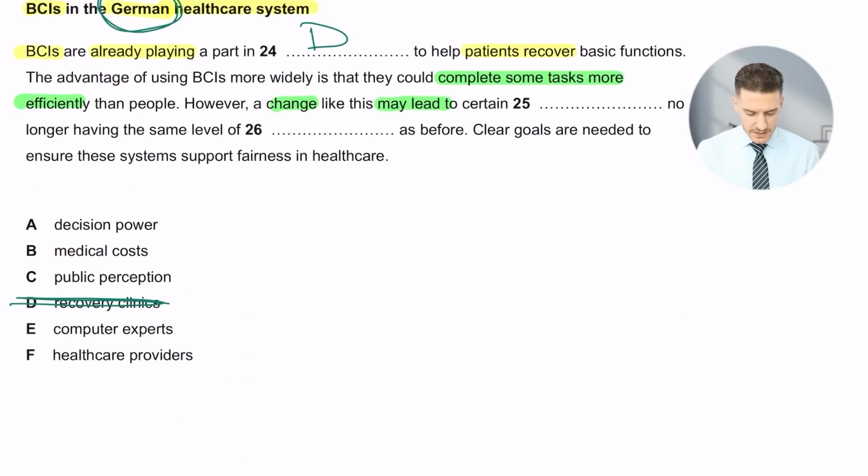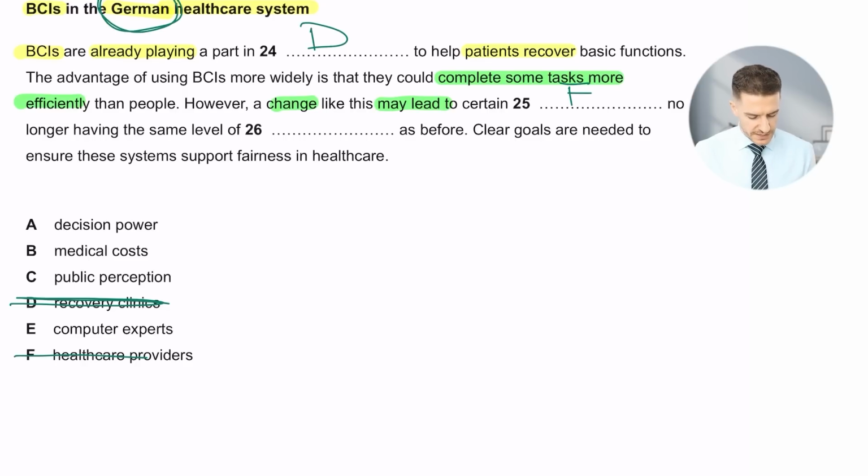So let's go back down and see if we can choose the best phrase there. A change like this may lead to certain something. Let's have a look at the answers. Decision power, no. Medical costs, no. Public perception, no. Computer experts, no. It wasn't talking about computer experts. Healthcare providers, that looks fantastic. So we'll put that in there.